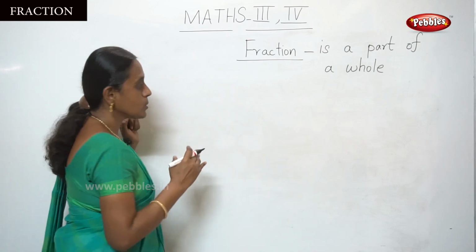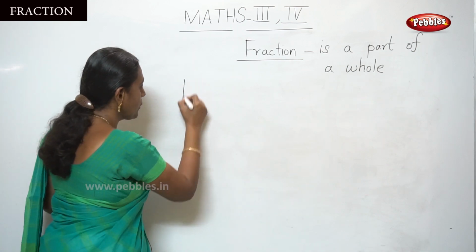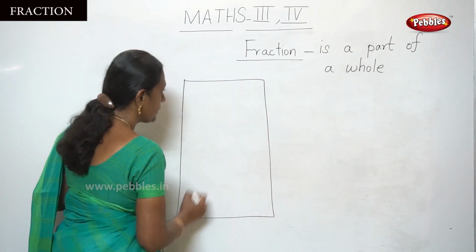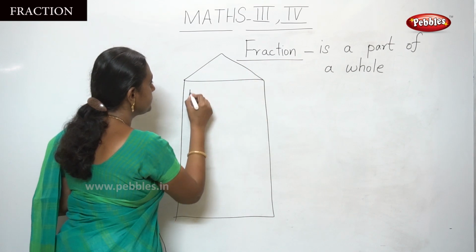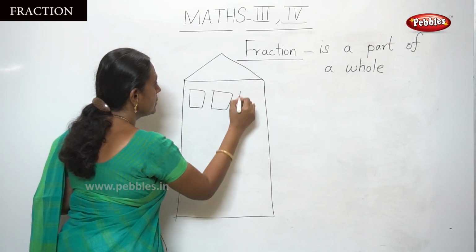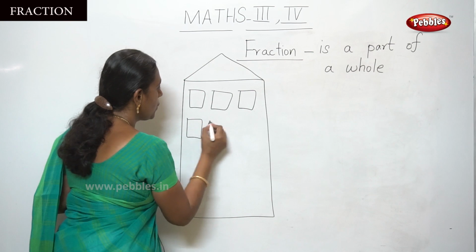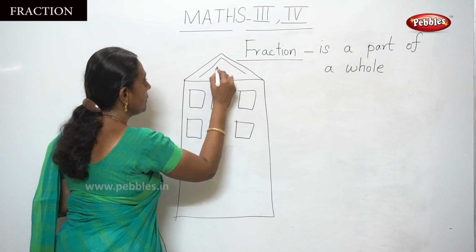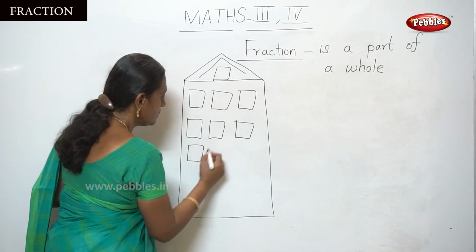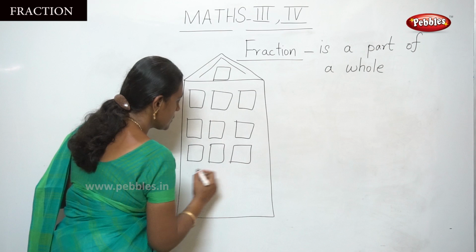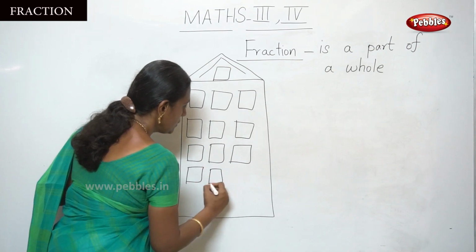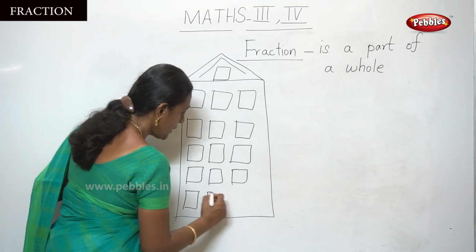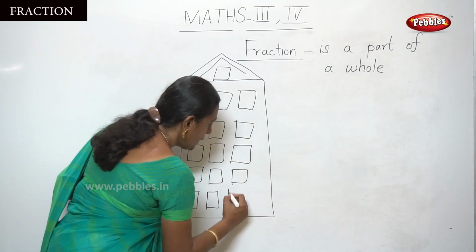Let me discuss one example. Here I am going to draw one drawing. This is a tall building, an upper flat system building. It has 1, 2, 3, 4 stories, so it is a 4-story building.